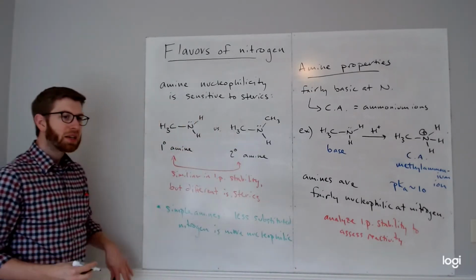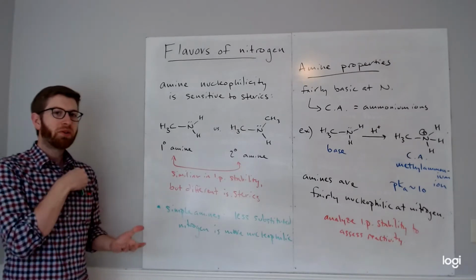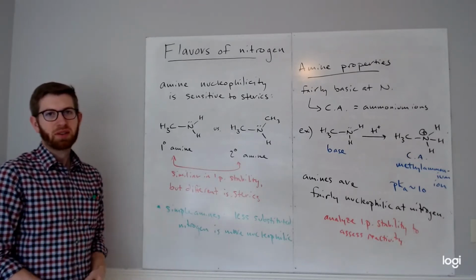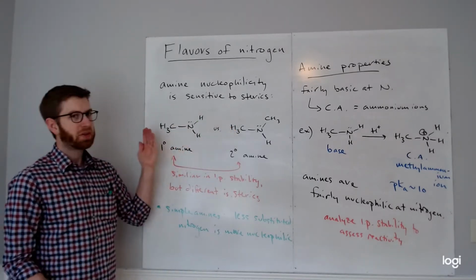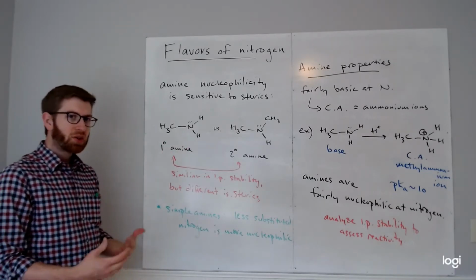So this idea in green is just a consequence of our analysis in red, right? Typically we focus primarily on how stable the electrons are that are making up the nucleophilic site. But here, because those differences in electron stability are very small, the steric difference will dominate. And that actually is pretty common for amines.